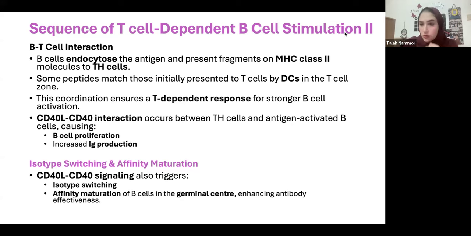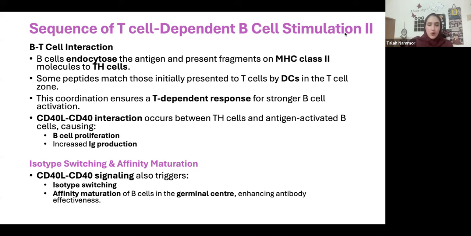Why? Because if you just create whatever antibodies, do you think it's going to be effective? No, we want them to be highly specific, with high affinity to the antigen, or to whatever caused this antigen to be released.